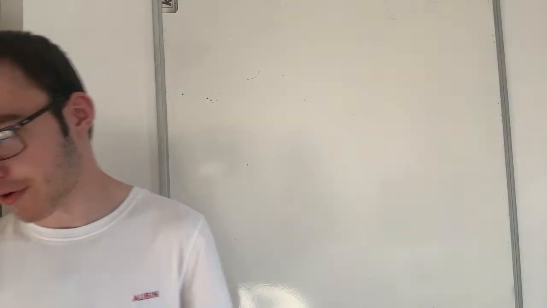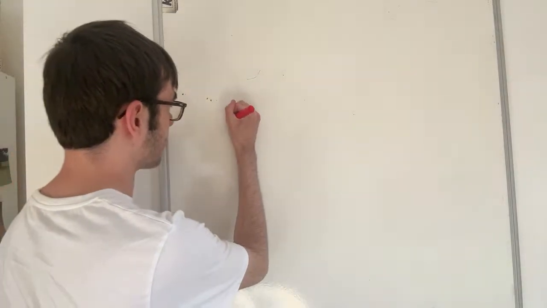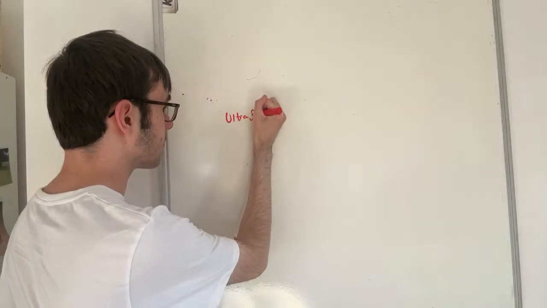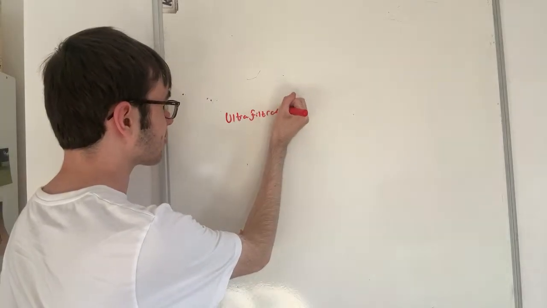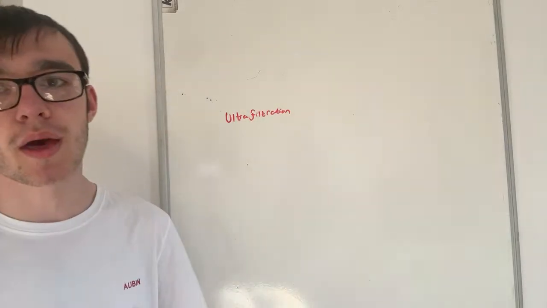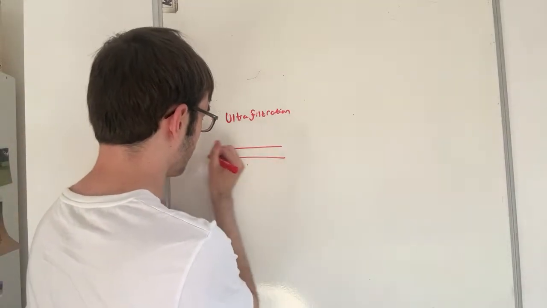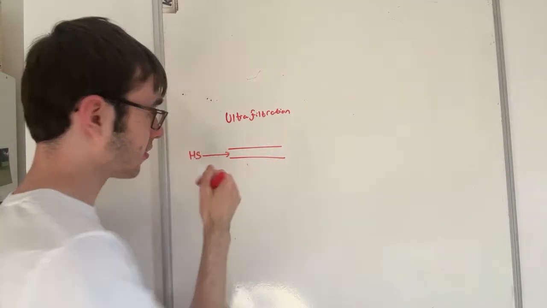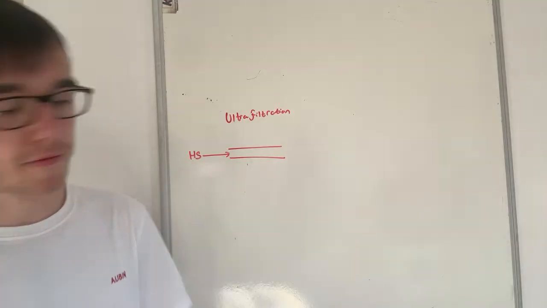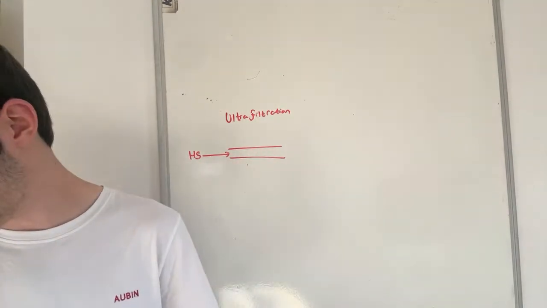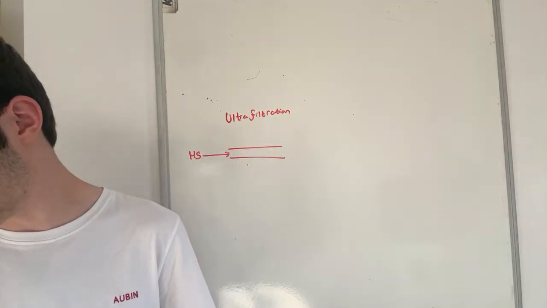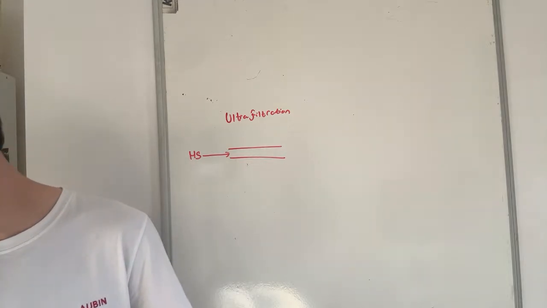Ultrafiltration and the whole thing of osmoregulation, I think this is a lovely topic. Ultrafiltration is literally just the same as tissue fluid. You have the high hydrostatic pressure in the, I don't remember what you call it, I think it's the afferent arteriole.